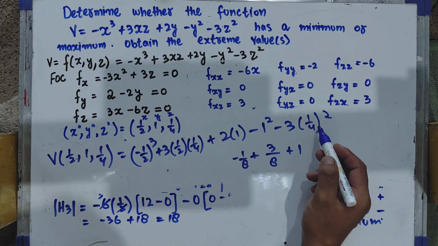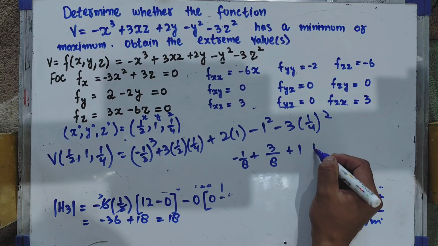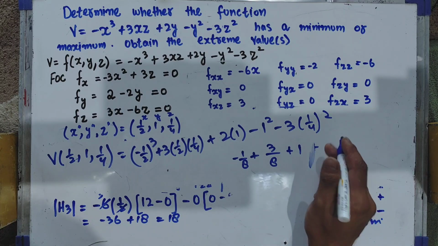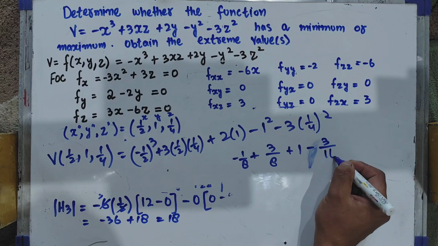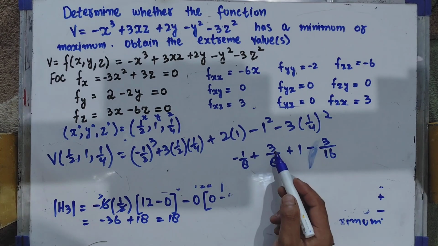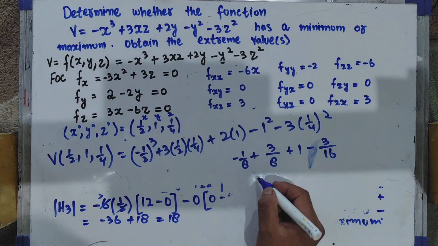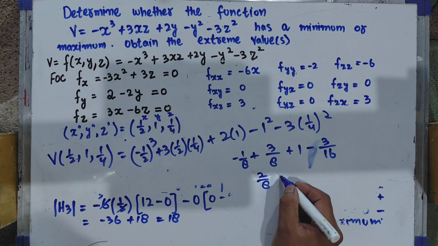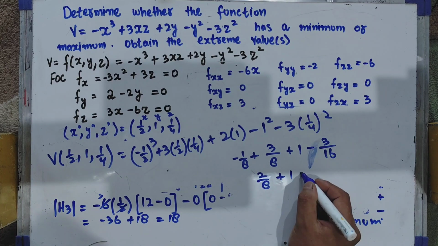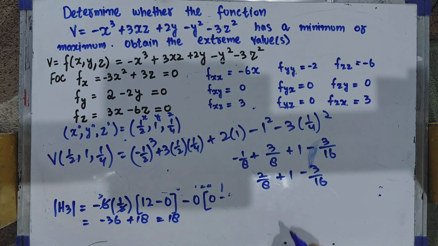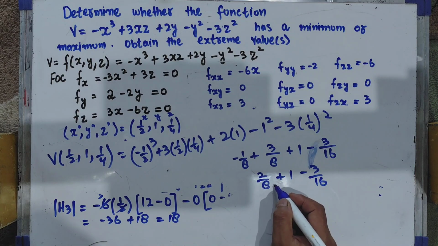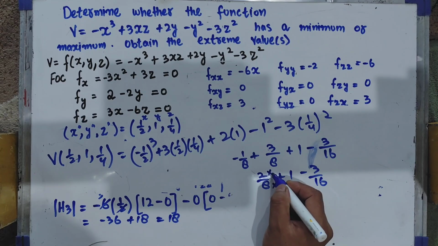Then 4 fours are 16, so we get negative 3 upon 16. So we get negative 1 upon 8 plus 3 upon 8, which is 2 upon 8, plus 1, minus 3 upon 16. Now 8 can become 16, so let us multiply by 2.